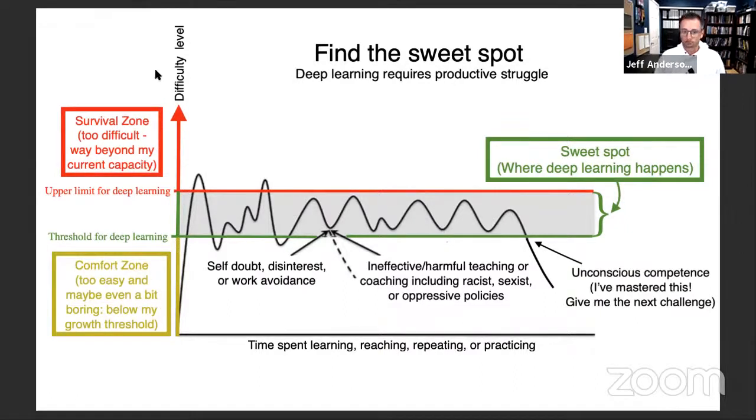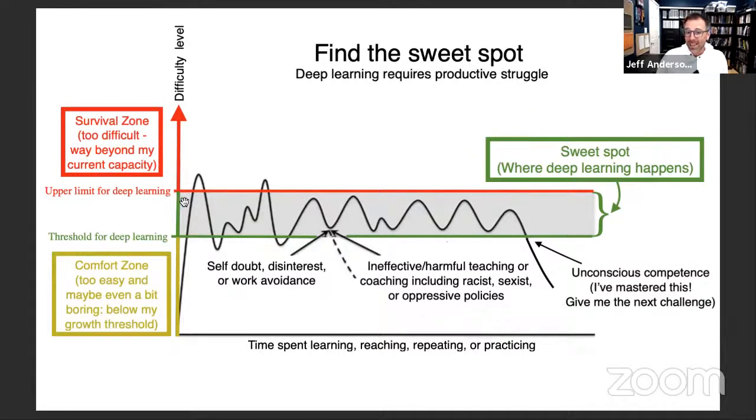So vertical axis is difficulty level. If it's too easy, it's in my comfort zone. It's too easy, maybe a bit boring. I'm looking to get in my sweet spot, which is hard enough to be interesting. The difference between those is the threshold for deep learning. That's where deep learning starts. Okay. Eventually, though, as I go harder and harder and harder, that is my upper limit for deep learning.